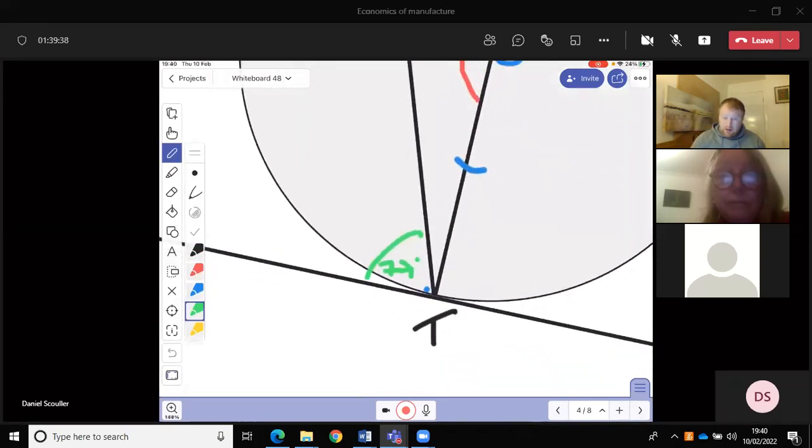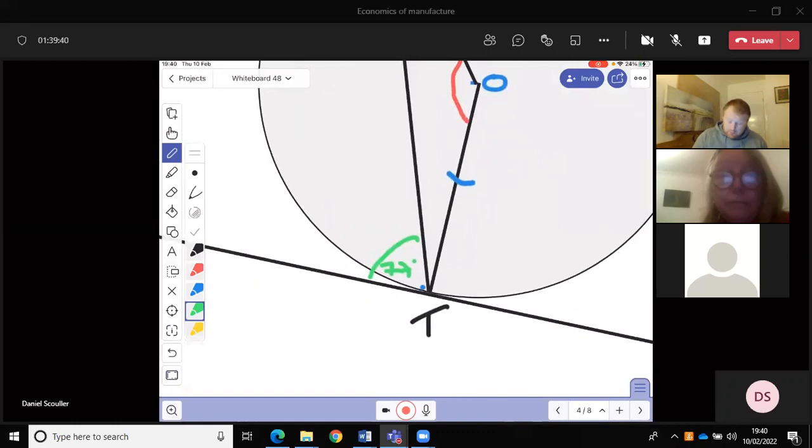So if we zoom into that, let's change the colour. That angle there is going to be 90 degrees. And then on the other side, that whole angle there is going to be 90 degrees. So what does that allow us to do? That allows us to find this angle in here.